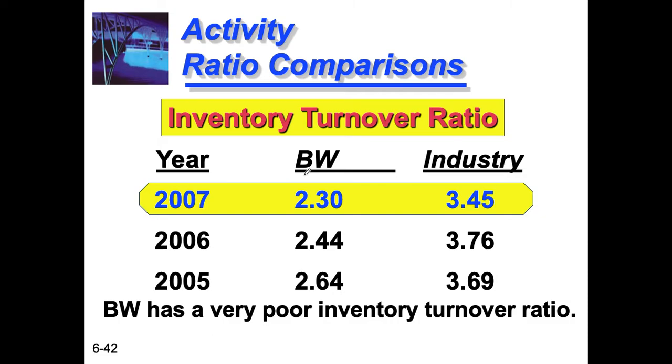This one, activity ratio comparison, inventory turnover ratio. In year 2007, the inventory turnover ratio for BW is 2.30 and for the industry average is 3.45. It means that BW has a very poor inventory turnover ratio.